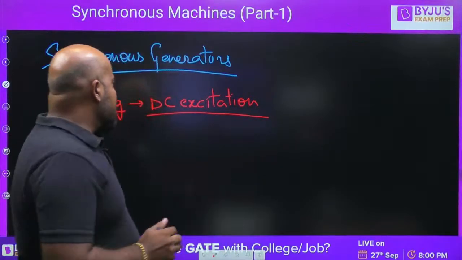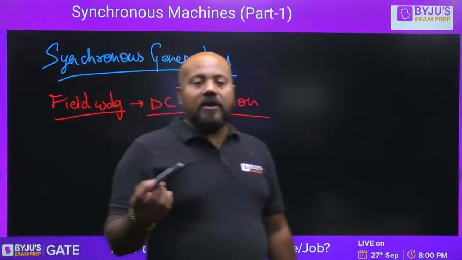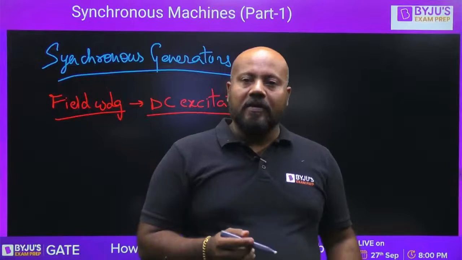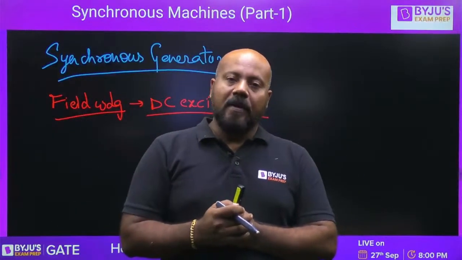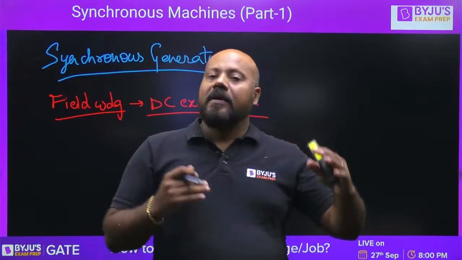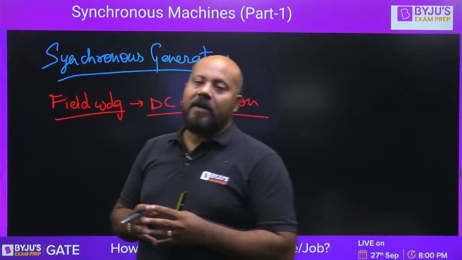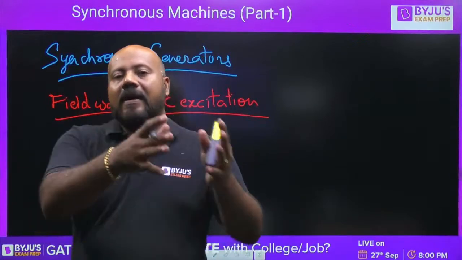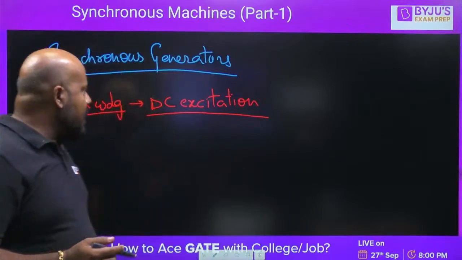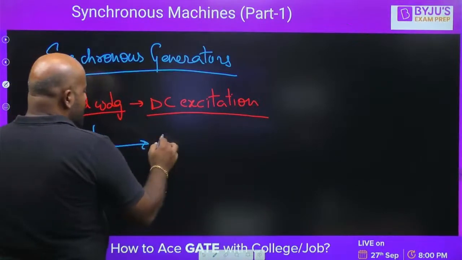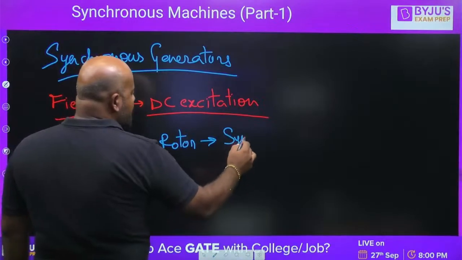Now you please understand, the stator of your synchronous generator is going to be similar to your stator of the induction motor. And it is going to have a rotating magnetic field. That rotating magnetic field is going to be rotating at the synchronous speed. And you are providing the field winding to the rotor, and that is a DC field winding. So definitely the rotor is going to be rotating at the synchronous speed.